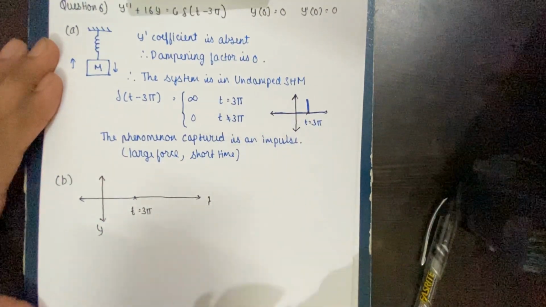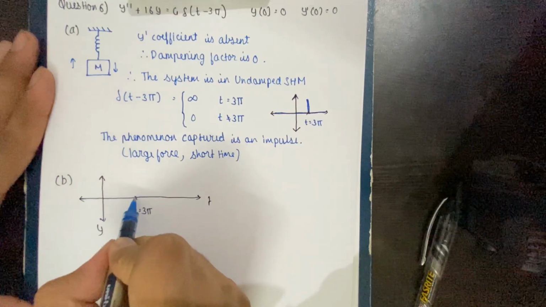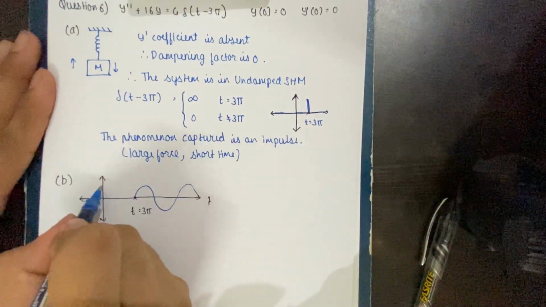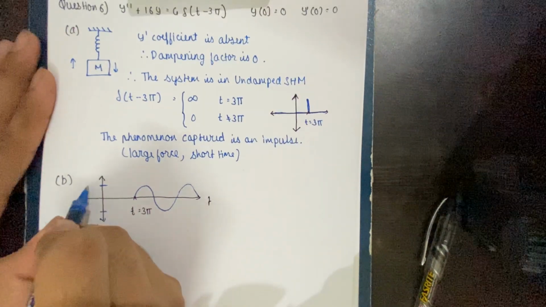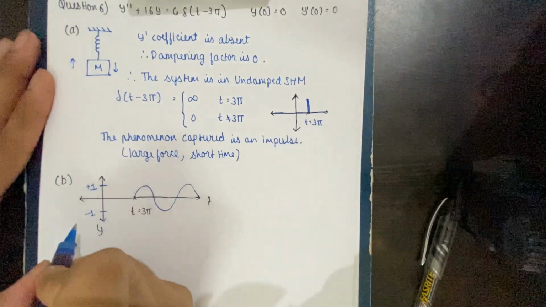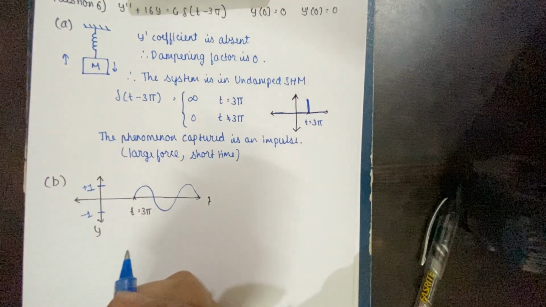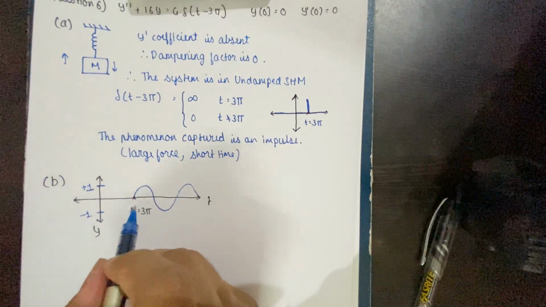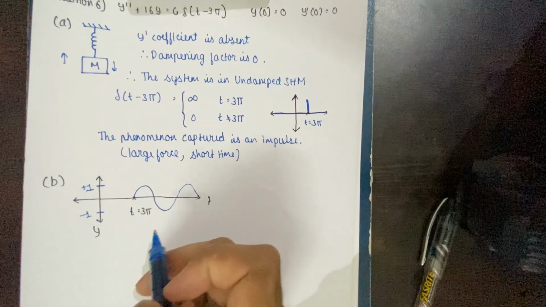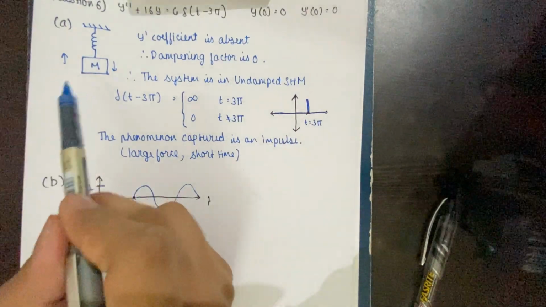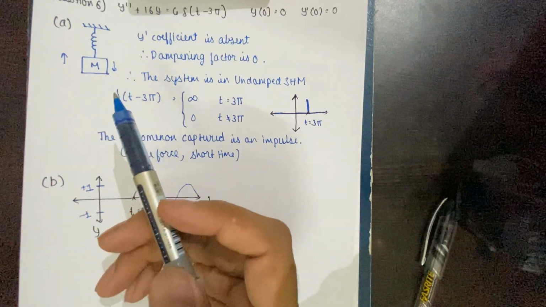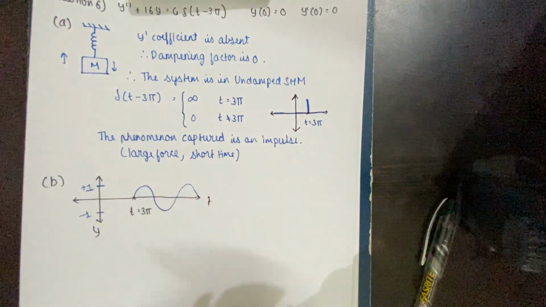Until t equals 3 pi it's going to be 0, and from t equal to 3 pi it's going to start its SHM. I assume now we are asked to intuitively predict the graph. I think it's going to be some sort of sinusoidal wave starting from t equal to 3 pi, because it was at rest, it received an impulse and it started SHM. It's a very simple physics situation.